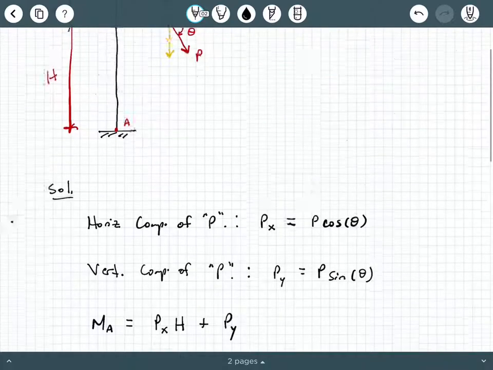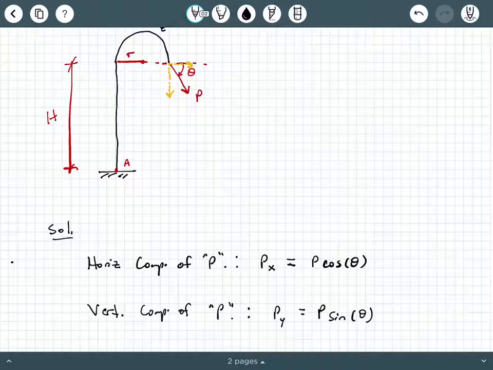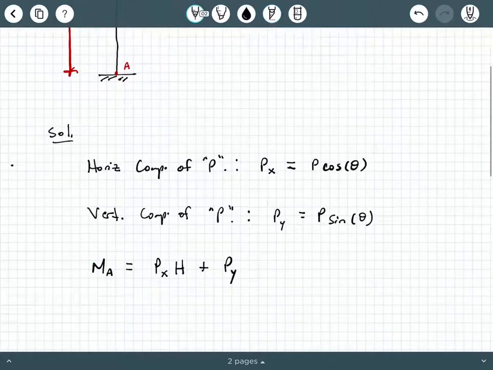What about the y component? The y component of P is vertical. Here it is. What's the perpendicular distance away from A? Is it h? No. Is it r? Nope. It would be 2r. It's this distance right here. So we're going to say Py times 2r.